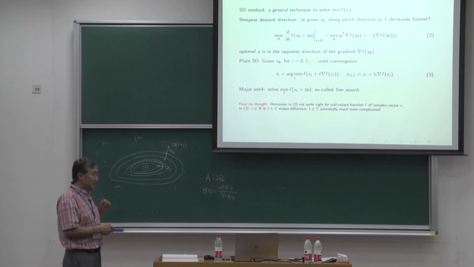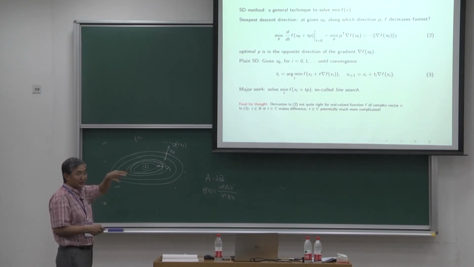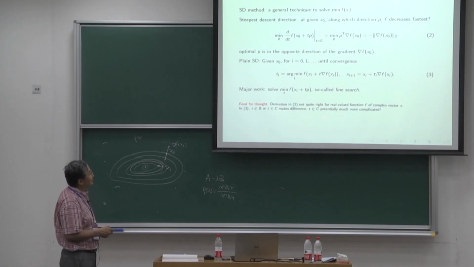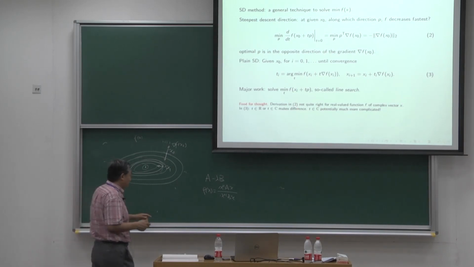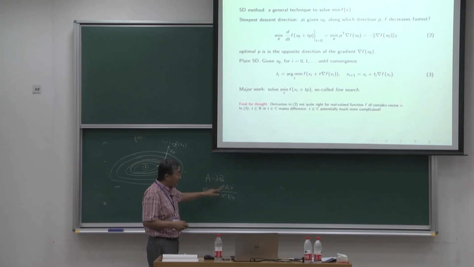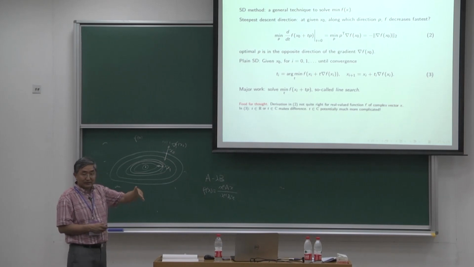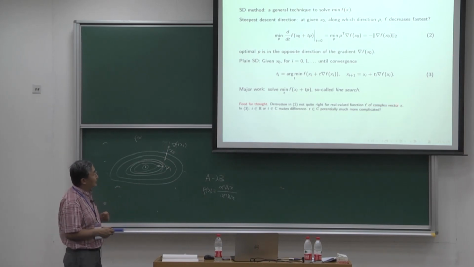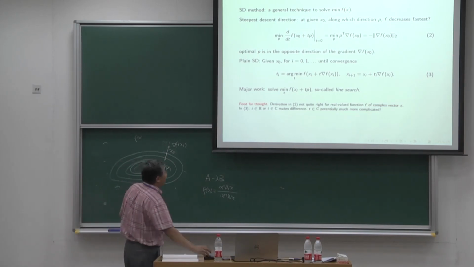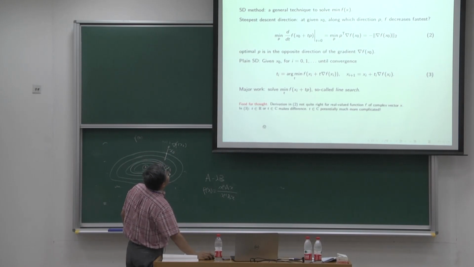Whenever homework asks you to find an example, you will see they're different. Usually, if it is a real value function in complex variable x, you should use C, complex, rather than R, because you can get more improvement.